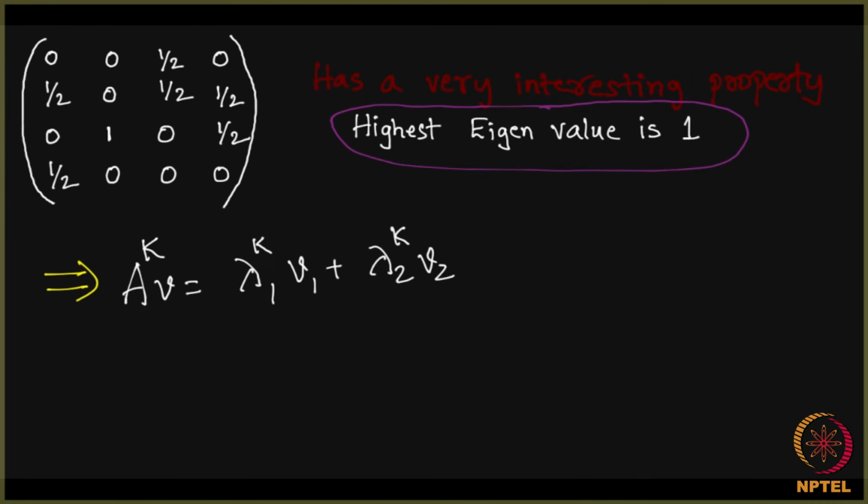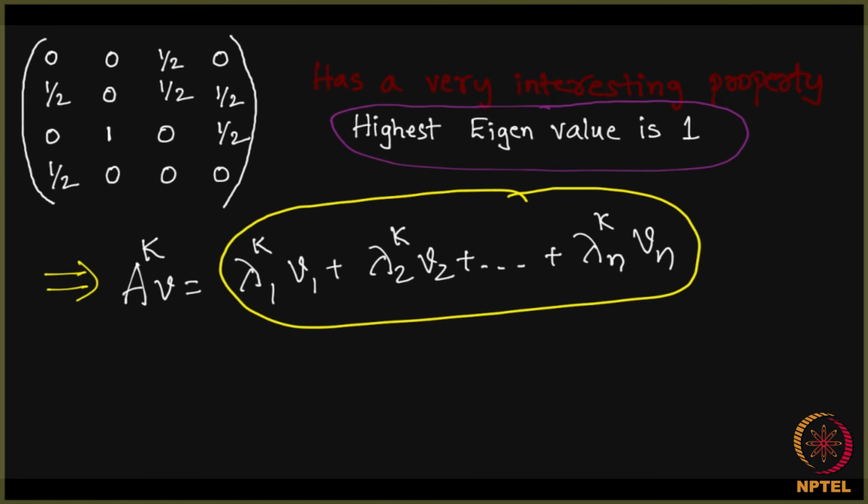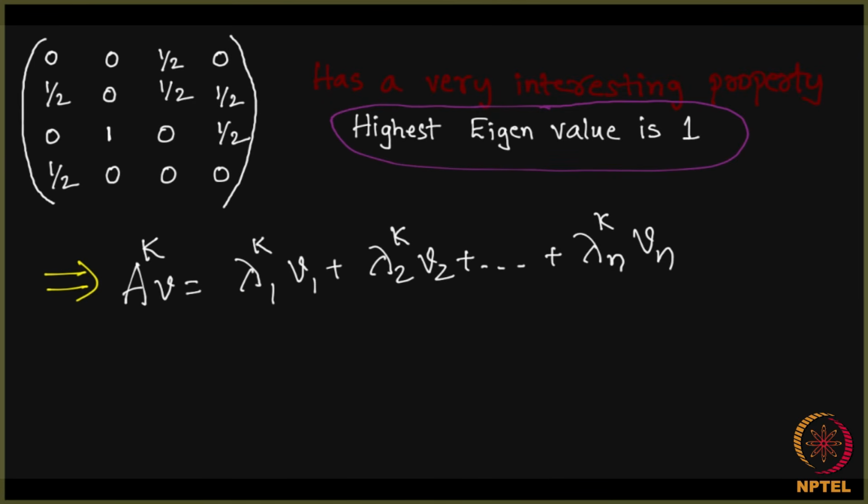A to the k of v is simply this, where v1, v2, vn are all eigenvectors and lambda 1 etc. are all the corresponding eigenvalues. Good. So we can always write A's action on v with this. We have seen this before. I am repeating it.